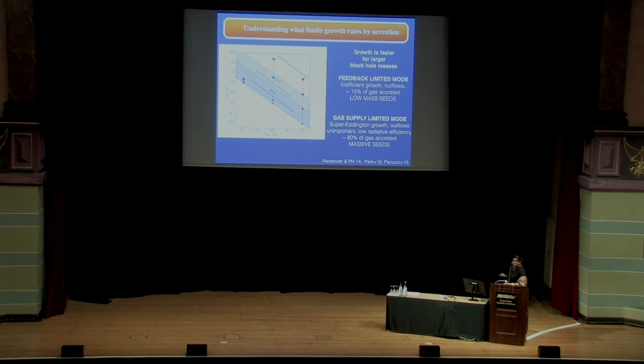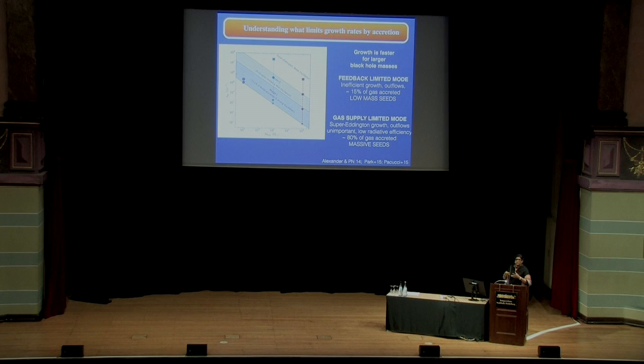And so typically, they find that for low mass seeds, you're mostly in that regime. So this is one of the reasons why if you start out with very low mass seeds, light seeds, it's actually very hard to grow them very rapidly, unless you have intermittent super-Eddington modes.